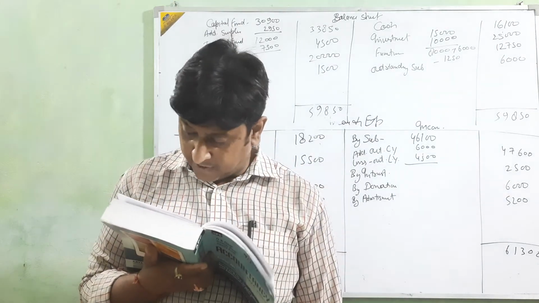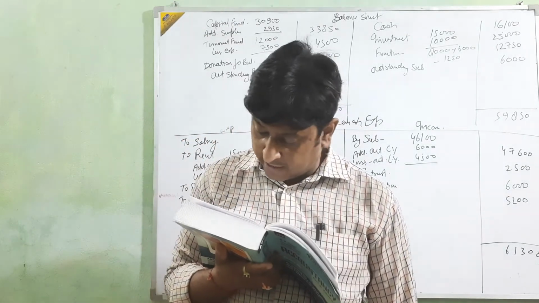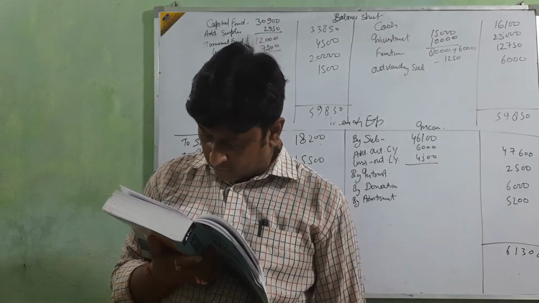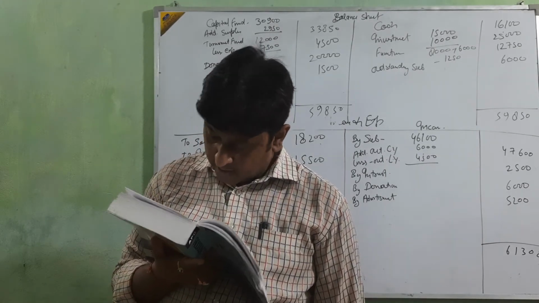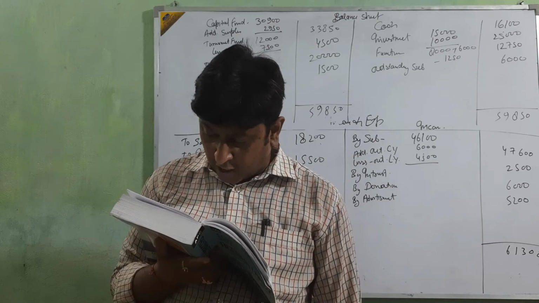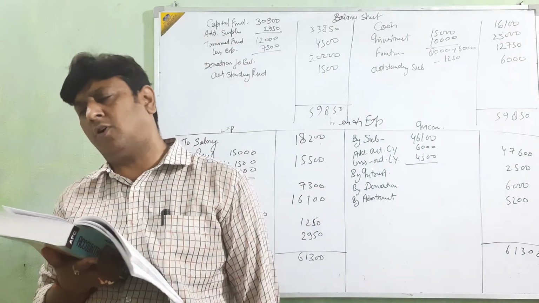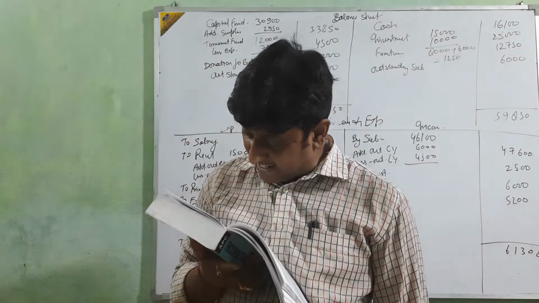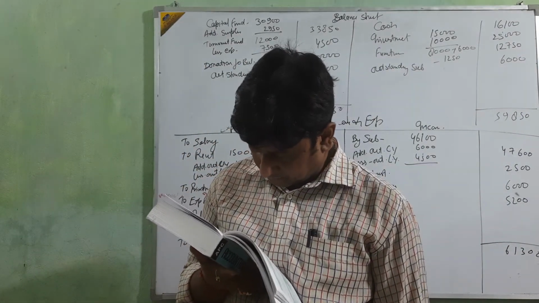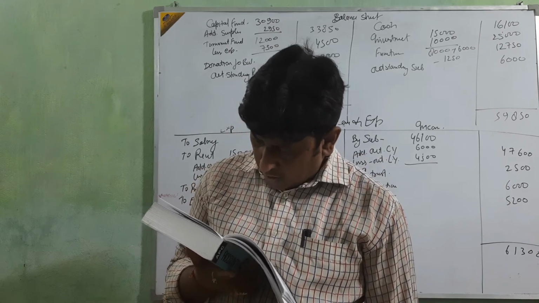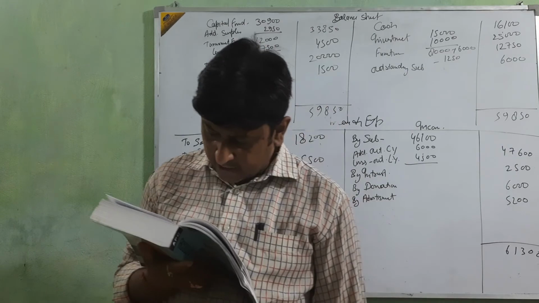This 50,000, 15,000, 50,000, 1 lakh, 1 lakh 15,000, and 6,000, 1 lakh 21,000, and outstanding subscription 3,200, 1 lakh 24,200 less this outstanding.